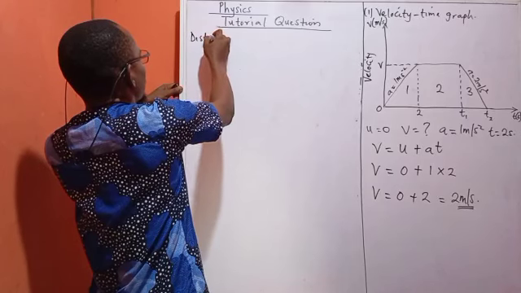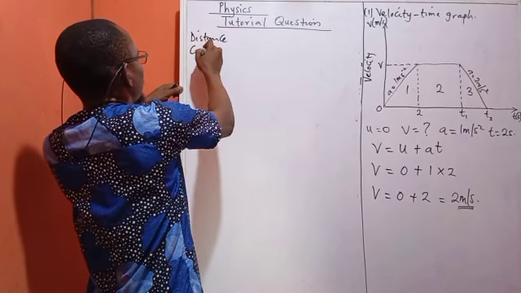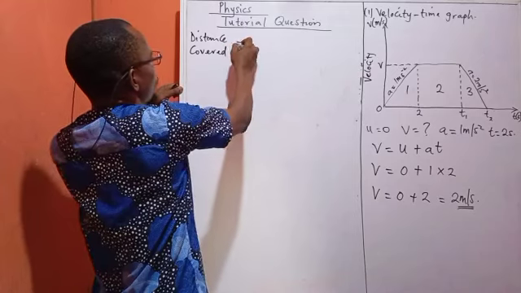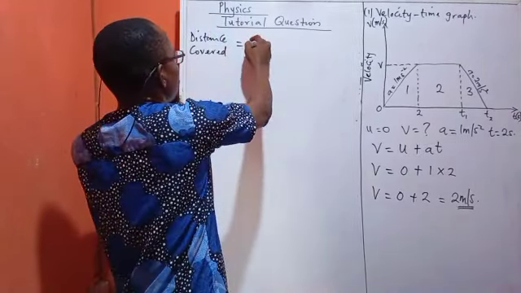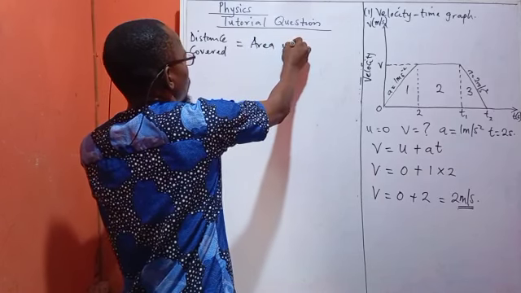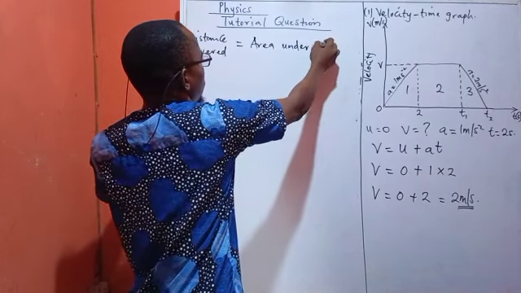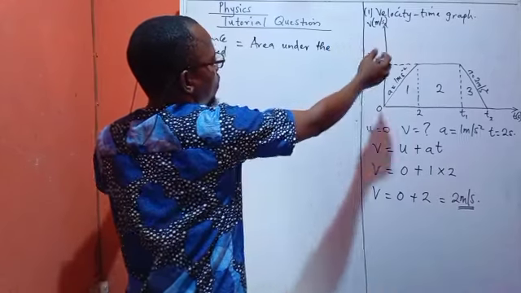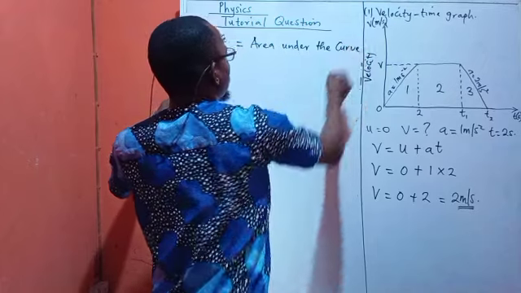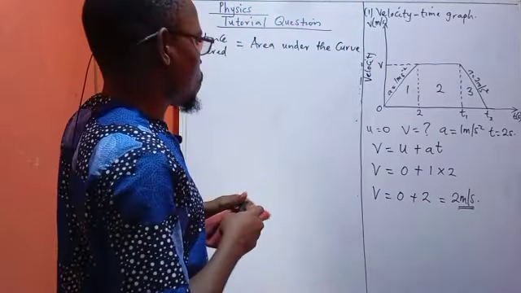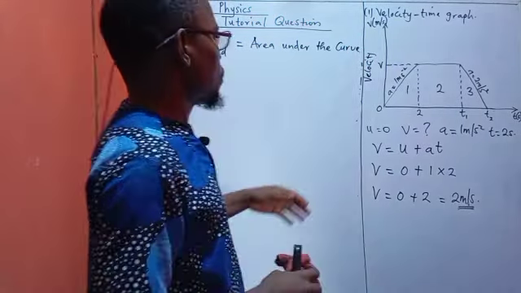Distance covered equal to what? Area under the, should I say under the curve now? Okay, let's put it that way. Area under the curve. So what this means is that what?